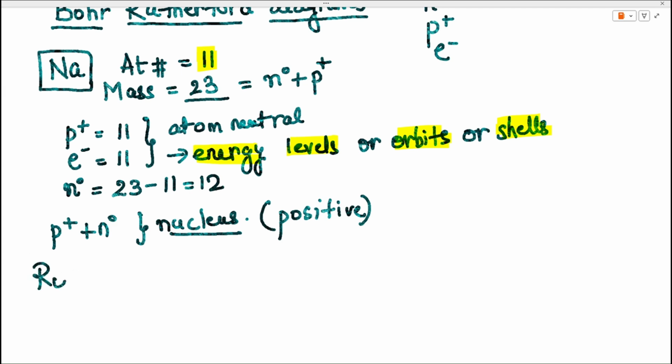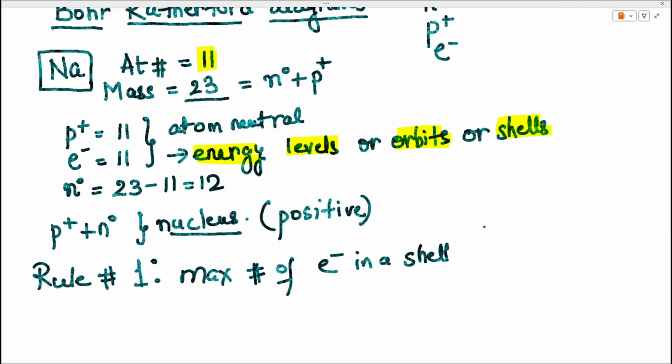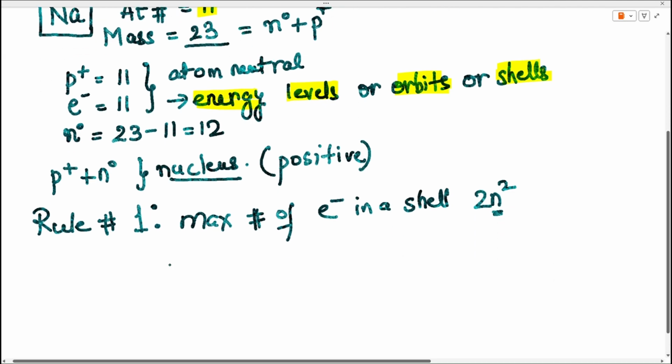Rule number 1 says that the maximum number of electrons in a shell goes by the formula 2n squared, where n is the shell number we are talking about. Let us check this out.